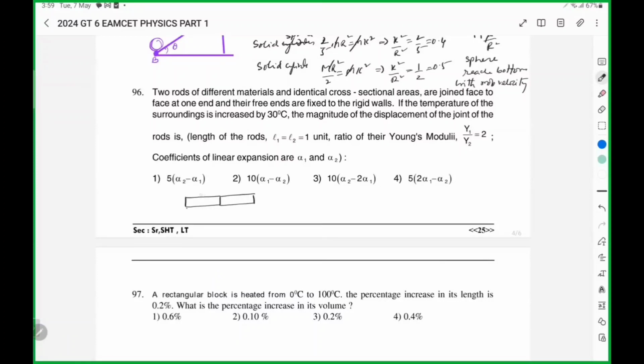Initially length of rods. If the temperature of the surroundings is increased, the ends are rigid, right? So temperature is increased by 30 degrees.